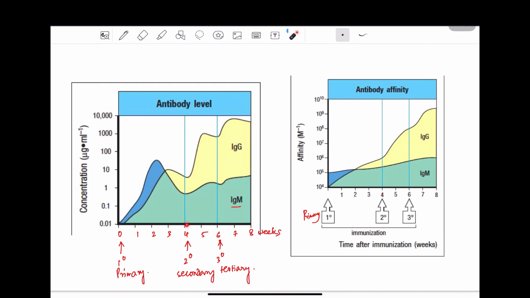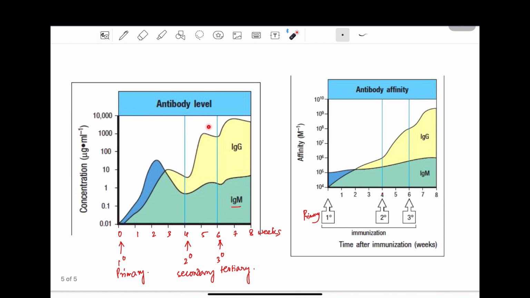After week 4, we give a second booster of the antigen. Now the IgM level has gone down at that point of time. But after this secondary immunization, the IgG level goes up very rapidly.